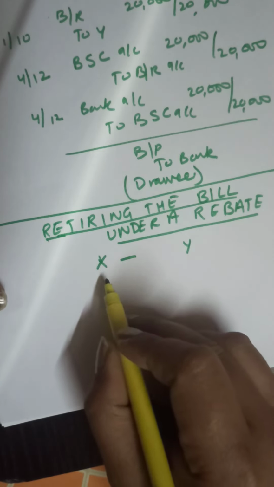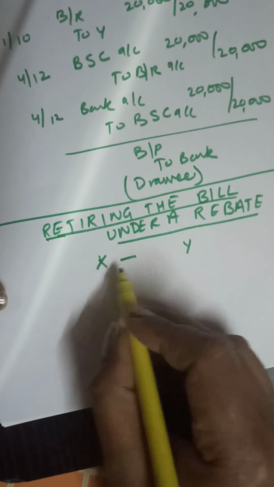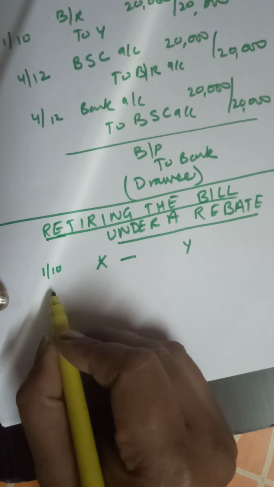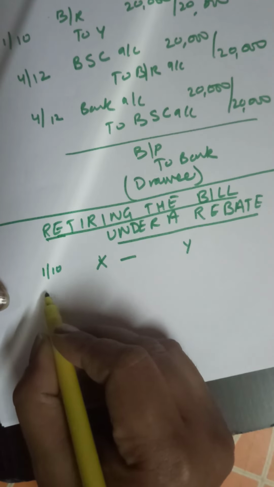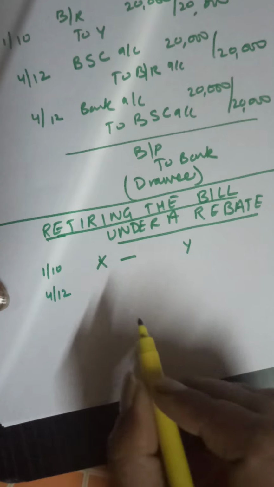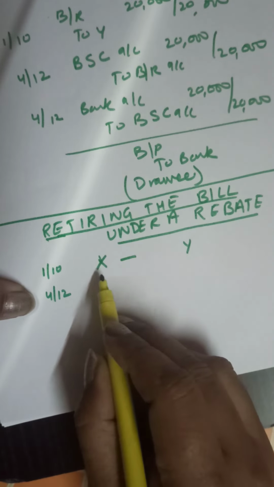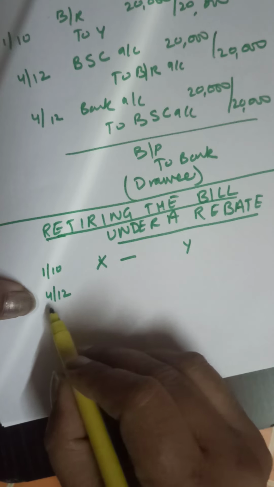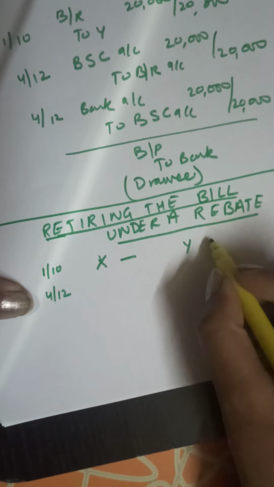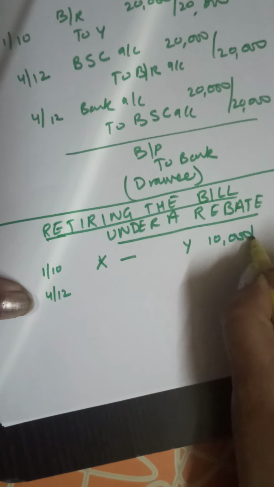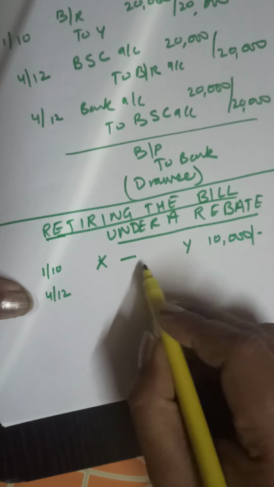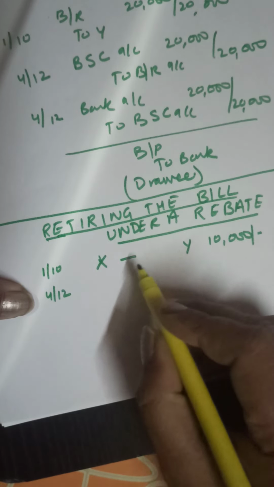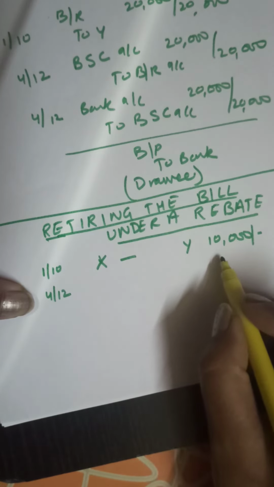Now the due date has been decided. Suppose the transaction happens on 1st of October, and the due date becomes 1st of December. The party has decided that if the payment is made on the due date, suppose the sale is for 10,000, he will have to pay 10,000.